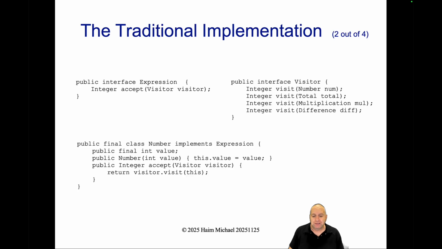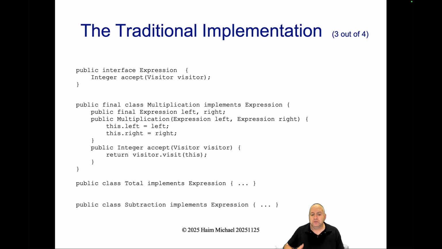Because we have different implementations for visit for each one of those types that implement expression, we had to define those variations of visit as abstract methods in the interface visitor, and then implement those methods in the class that implements visitor.